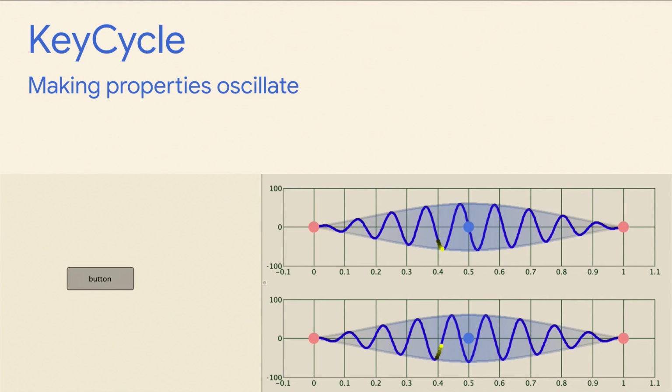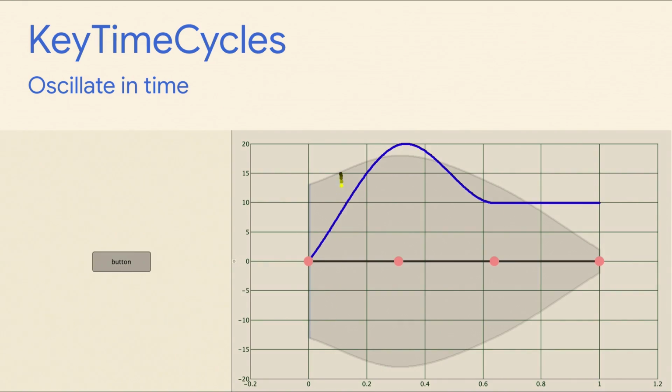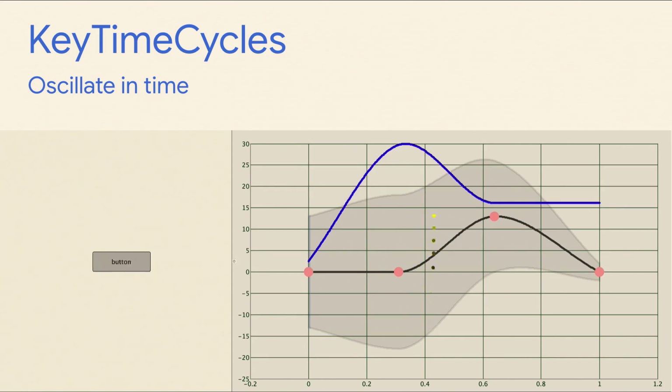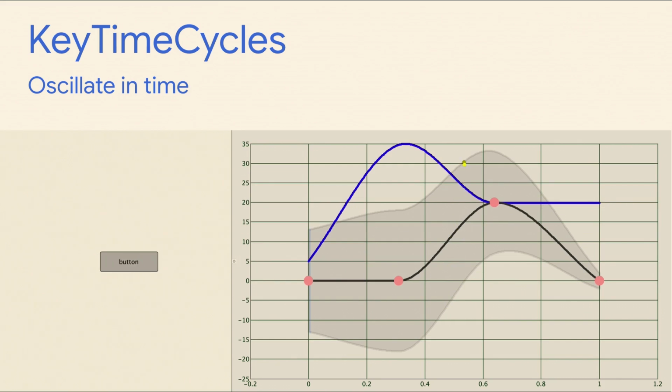So it can be rotation, and you'll see a whole bunch of them as we go along. So in this case, as the animation progresses, it's animating across the entire scene, which is very different from key time cycles, where the animation is independent of the position. It's sort of setting the frequency of the animation. And of course, you can deform these things with lots of clever shapes and paths and produce lots of interesting effects.